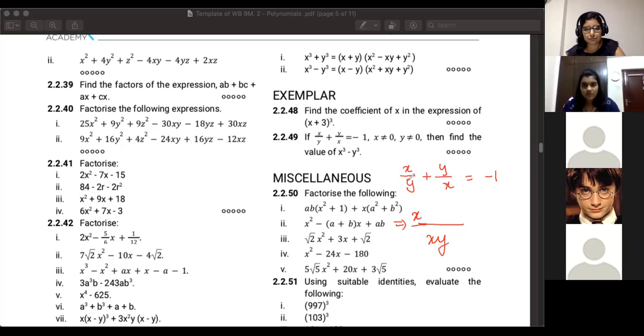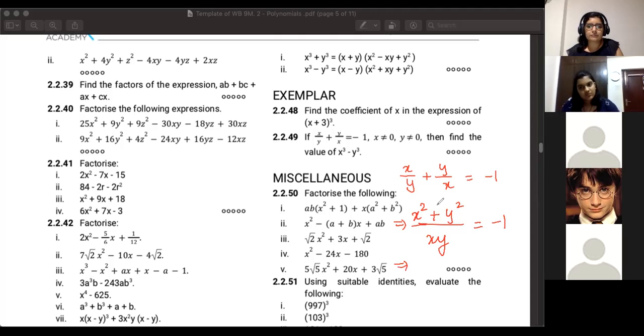LCM is x into y. The numerator will just be x square. Yeah. And यहाँ पे in place of y, because you're multiplying by y, इसलिए denominator में xy आया ना, तो numerator में you'll get y square. Okay, so that will be equal to -1.